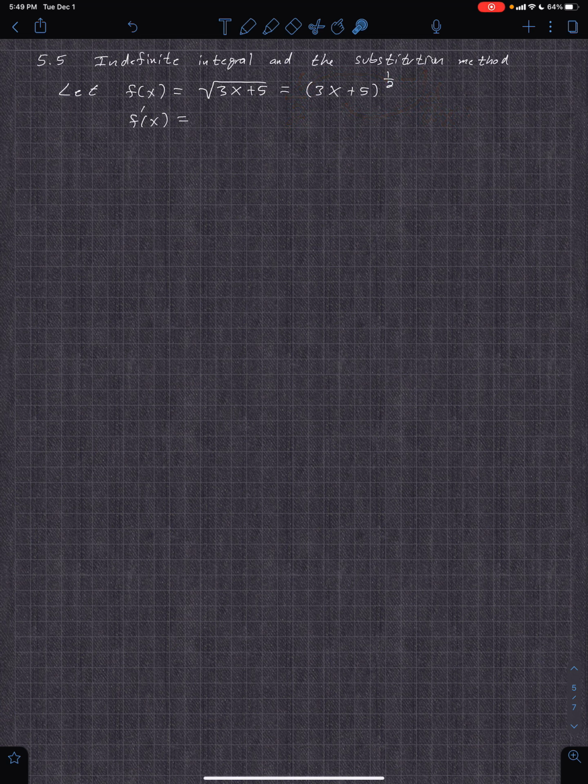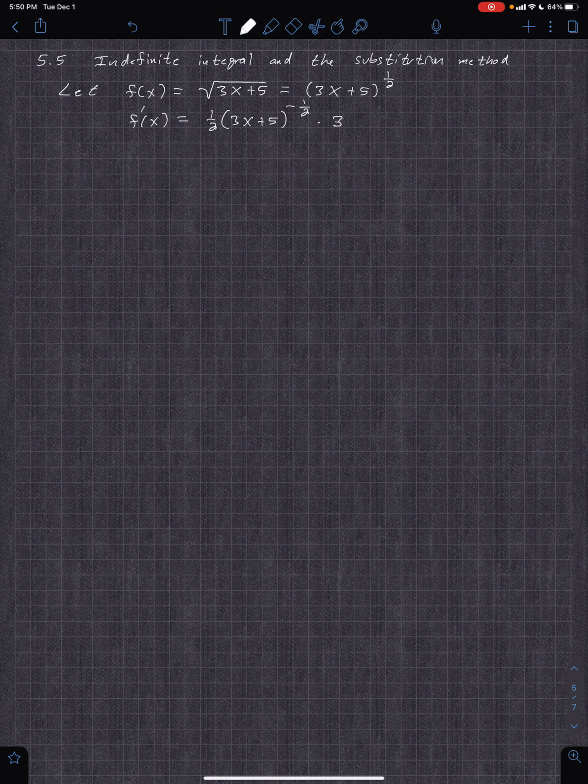3. But that extra little factor of 3 makes going backwards difficult. Or other things too, we'll see later. But so the derivative is 1/2 times what's inside. Subtract 1, you get negative 1/2. And then times the derivative of what's inside. So it's just 3 in this case.